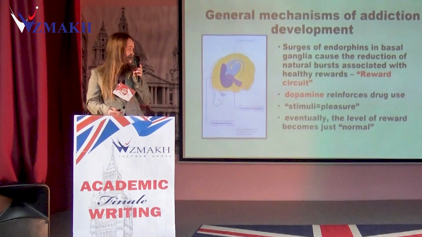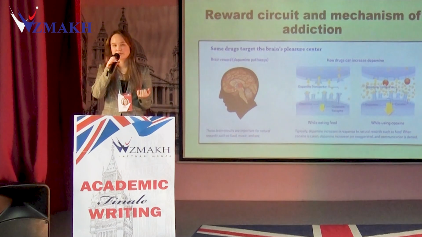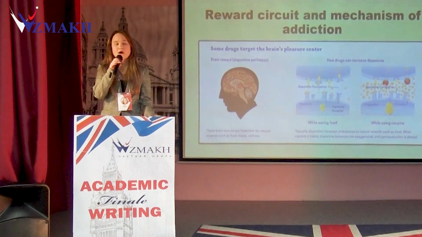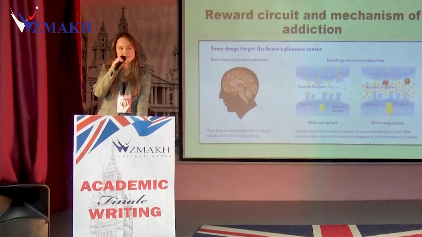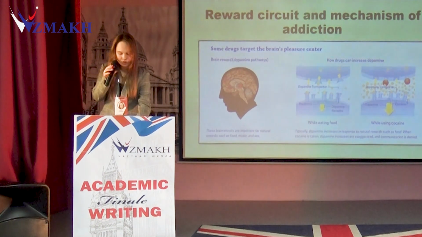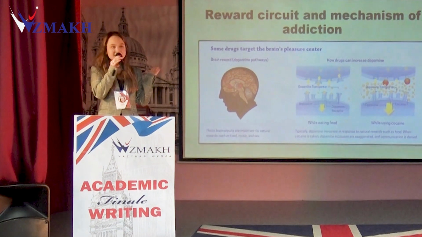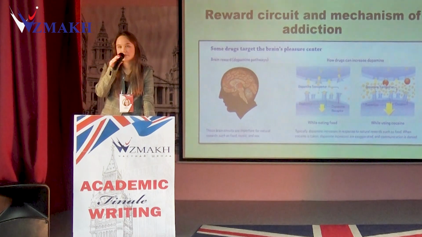The most crucial effect comes from the neurotransmitter dopamine, which affects our nervous system and finally turns drug usage into a habit. So the brain becomes trained to seek the substance as often as possible. So finally, the consumer becomes dependent on the substance, and the level of reward becomes just normal.